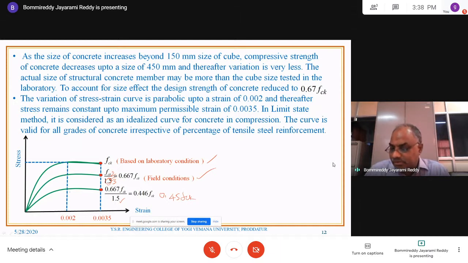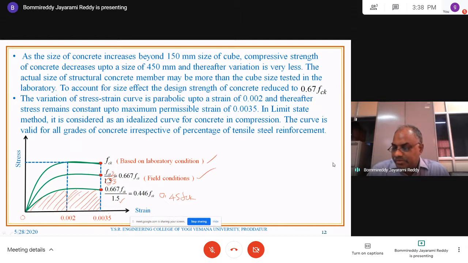So in general, ultimately this is the stress diagram for concrete. It is initially zero stress, and it varies parabolically. This ordinate is 0.45 fck, and it is constant up to the strain of 0.0035.